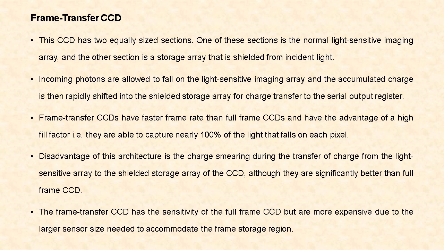The disadvantage of this architecture is the charge smearing during the transfer of charge from the light sensitive array to the shielded storage array, although they are significantly better than full frame CCD. The frame transfer CCD has the sensitivity of full frame CCD but is more expensive due to the larger sensor size needed to accommodate the frame storage region.